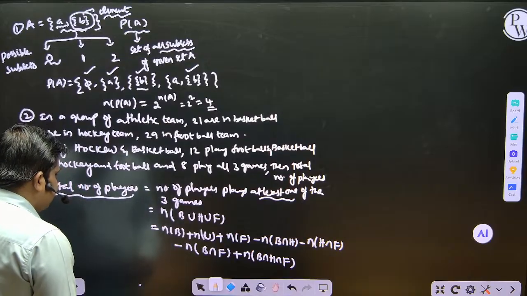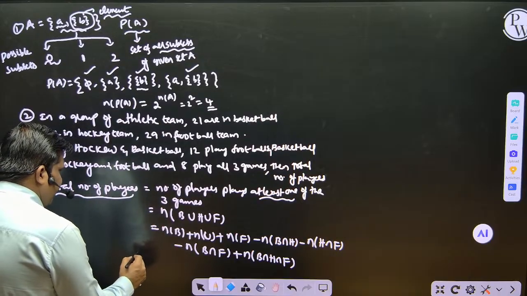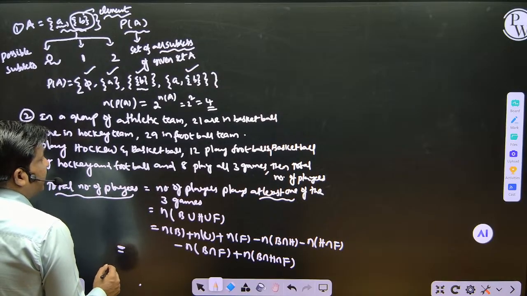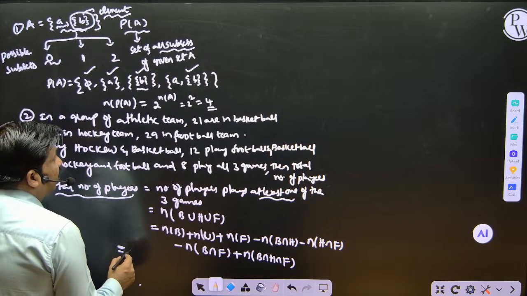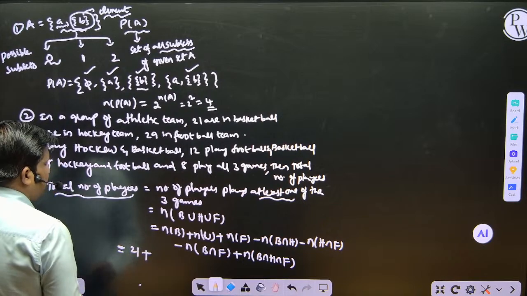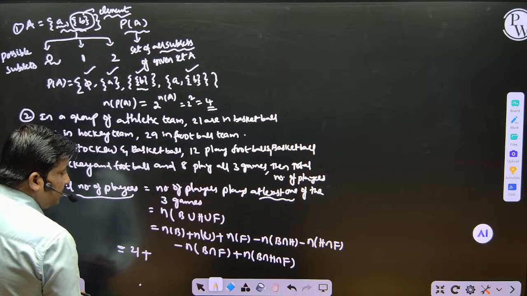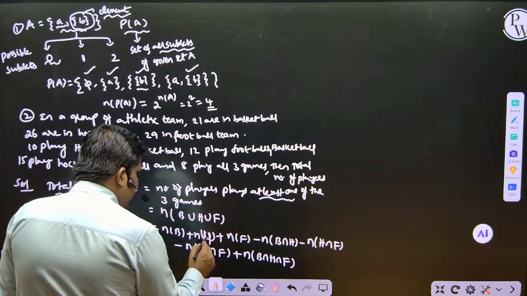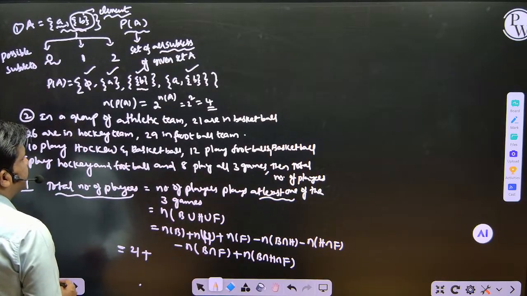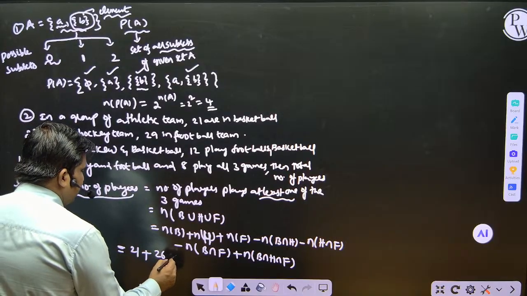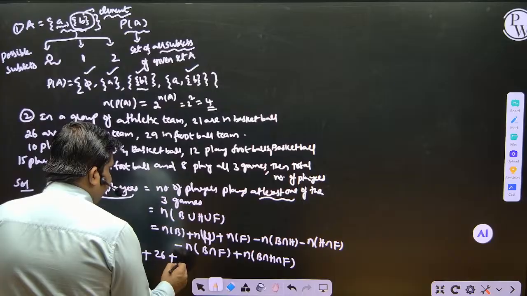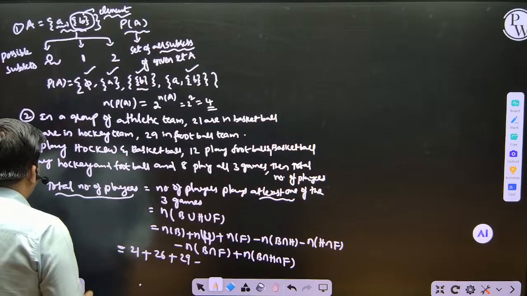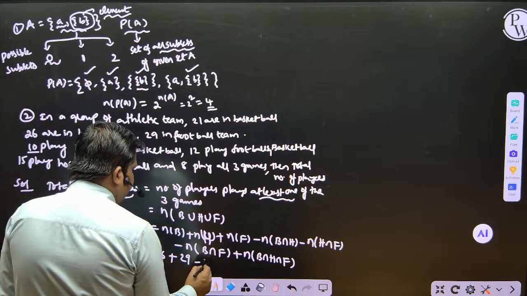Now you write this formula. What will we get here? N of B is the number of players playing basketball, 21. N of H, number of players playing hockey, 26. Football, 29. Minus basketball and hockey, which is 10.